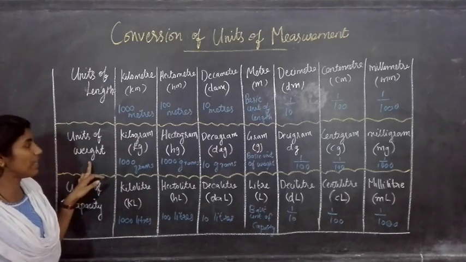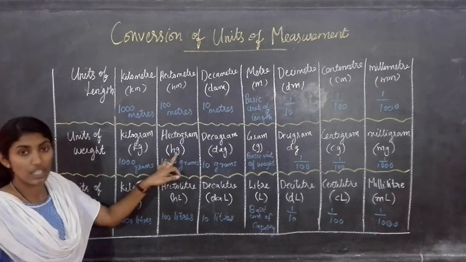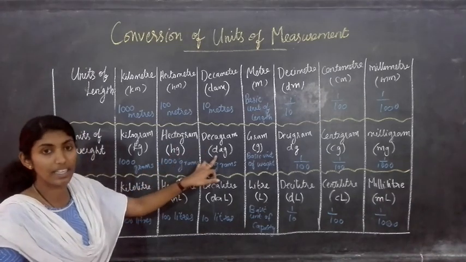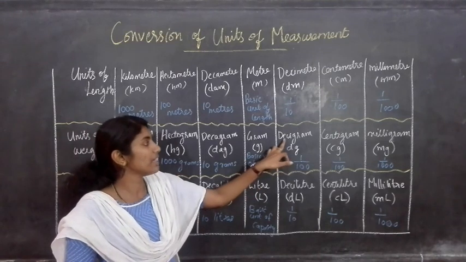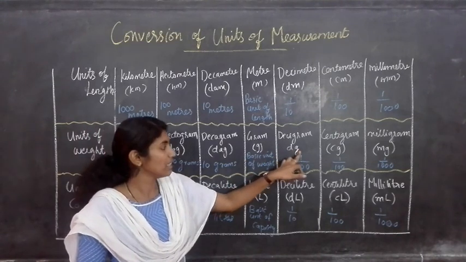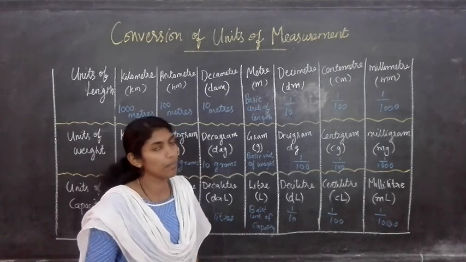Then units of weight are kilogram, kg, then hectogram, hg, then decagram, dag, then gram, the basic unit of weight, then decigram, dg, then centigram, cg, then milligram, mg.